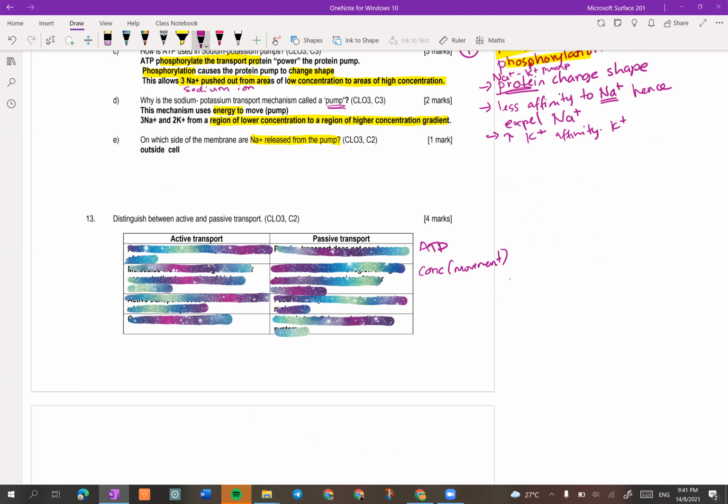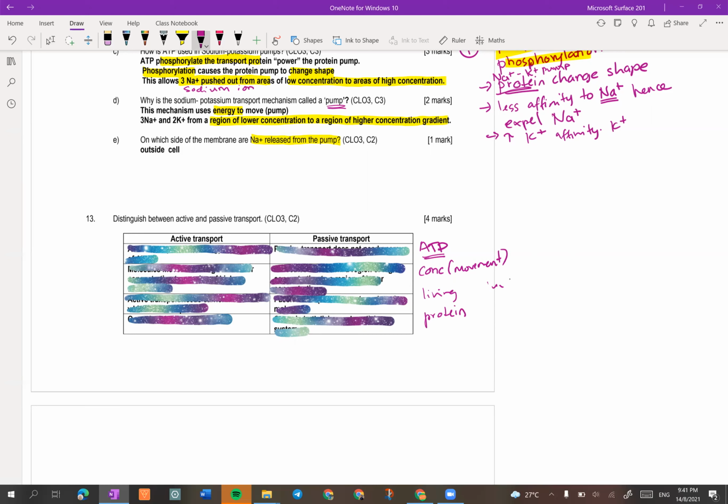Also, you can sebut pasal dia berlaku, sebab dia cakap ATP tadi, you boleh cakap dia living or non-living. Letak macam tu je lah, living. And then you can talk about dia punya protein. Does it need protein or not? Okay. So passive transport ada protein, tapi untuk active transport dia wajib ada protein kan. Passive transport tak ada pun tak apa.